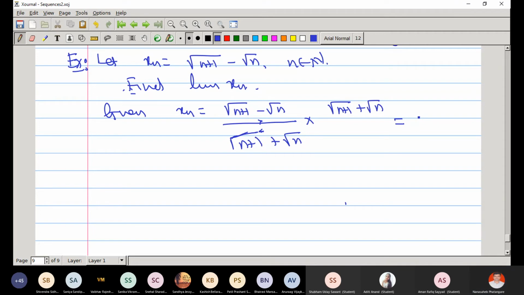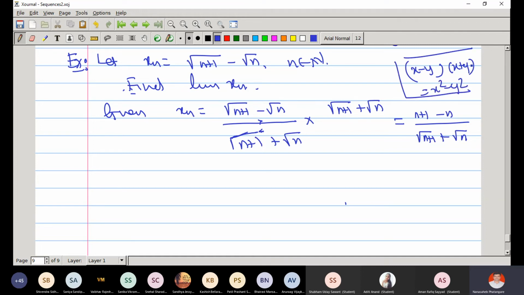So what is it? Is it correct? Yes, sir. The numerator is x minus y into x plus y, it is x square minus y square.